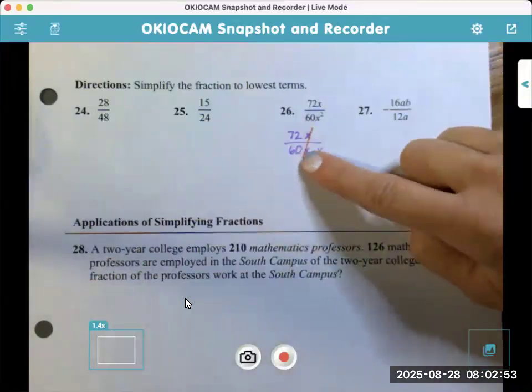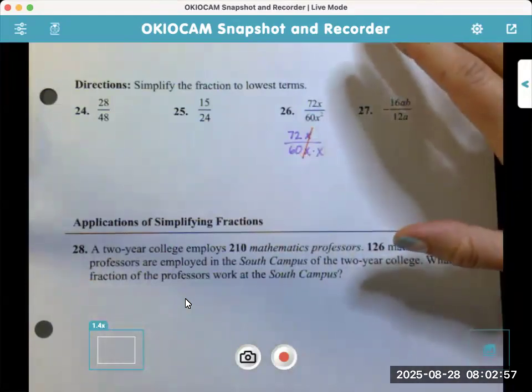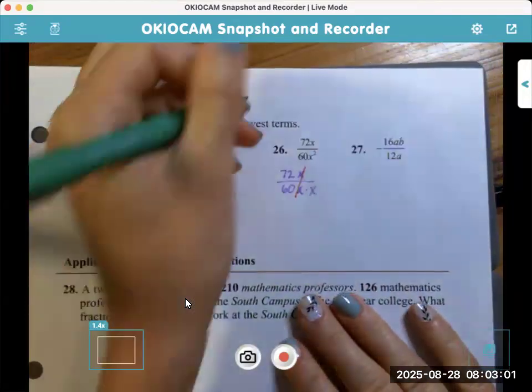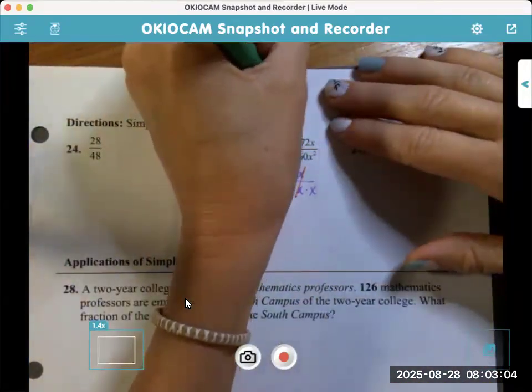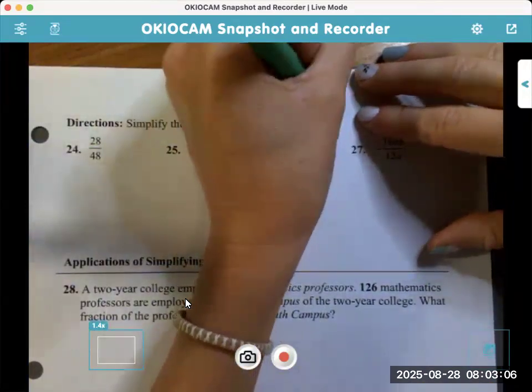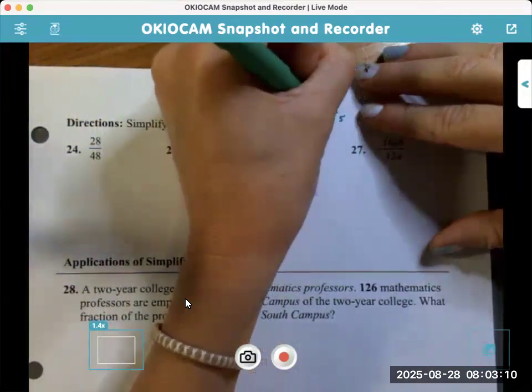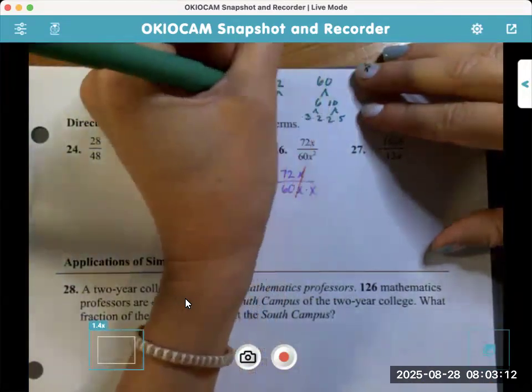Well, 60 and 72 are both even. We could go further than that. If we do our little factor tree, 60 is 6 times 10. That's 2 times 5. This is 3 times 2.